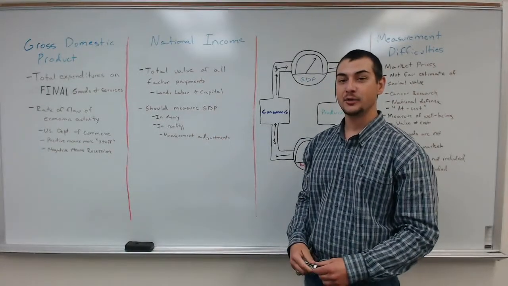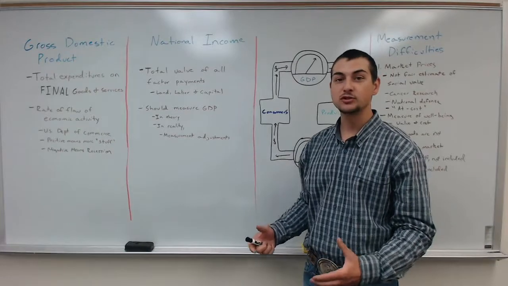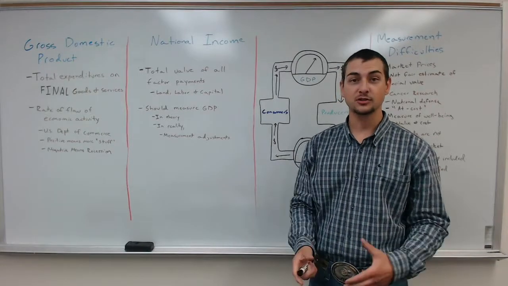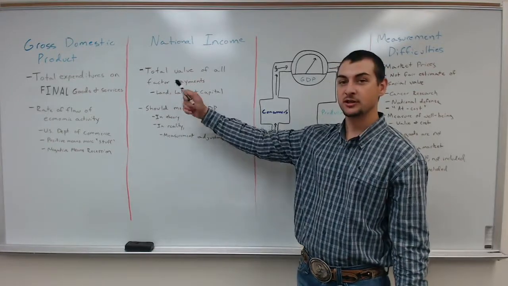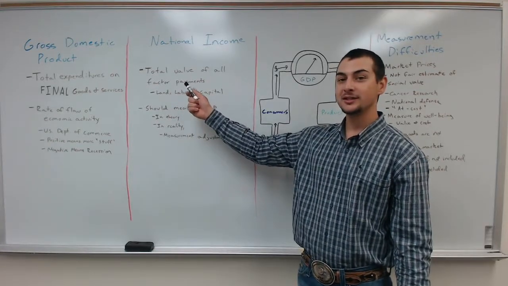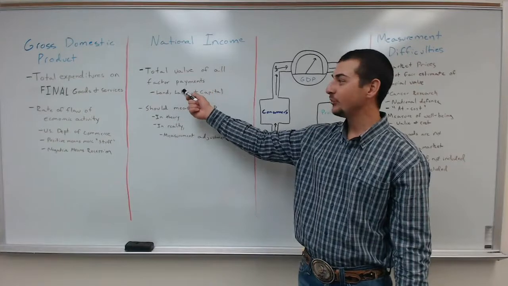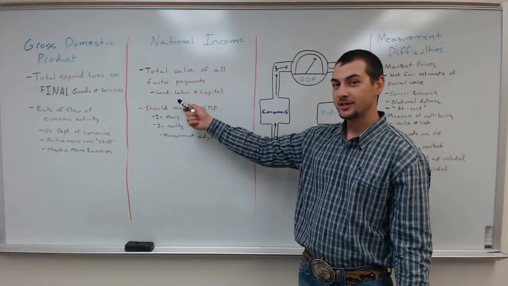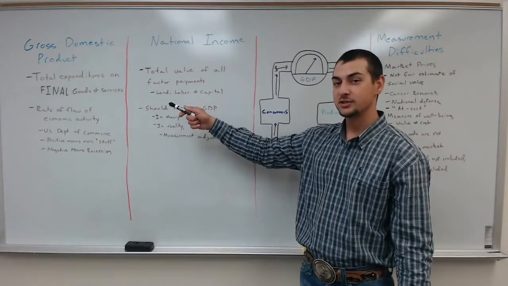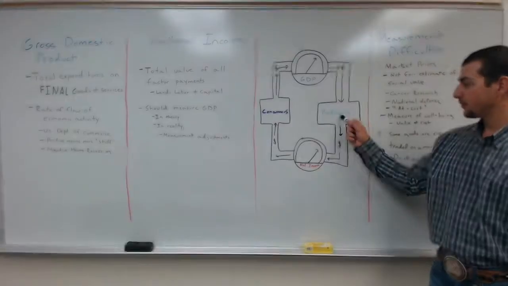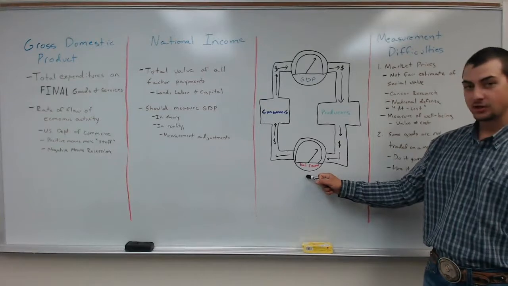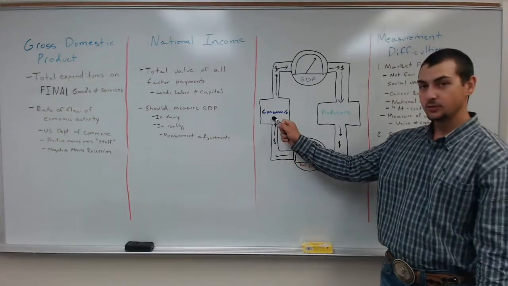And we said that we had factor earnings that were used to pay for these factor services, or these factors of production. Well, these are also what you consider factor payments. So what national income is, is how much are we paying out for these factor services, for these factors of production. So we have it down here. Remember, producers pay these factor earnings, and it goes to consumers.